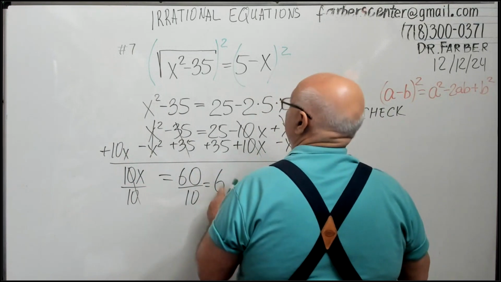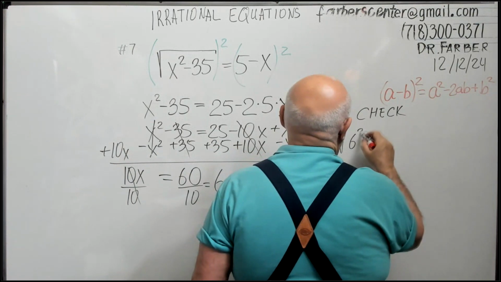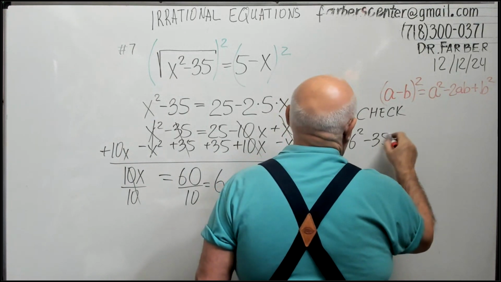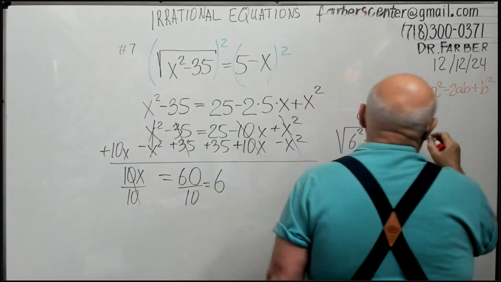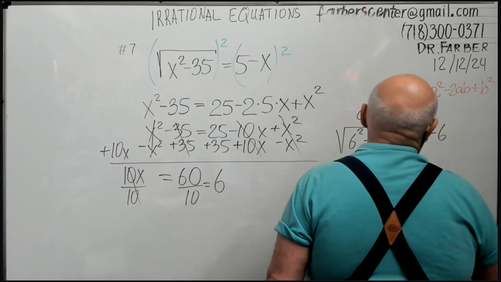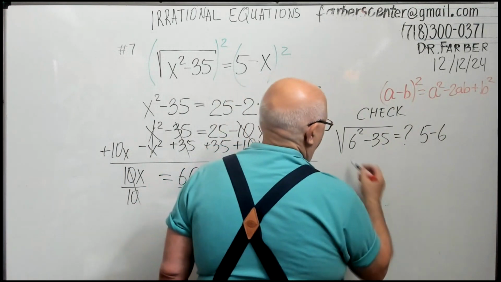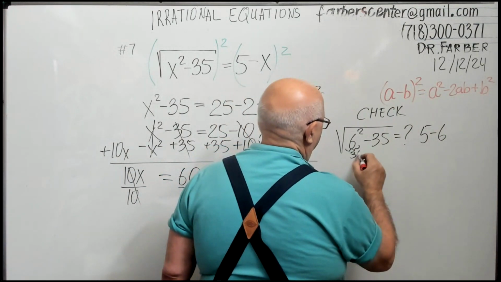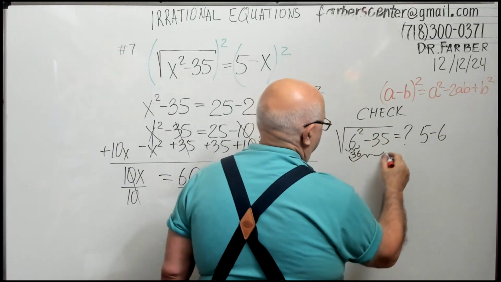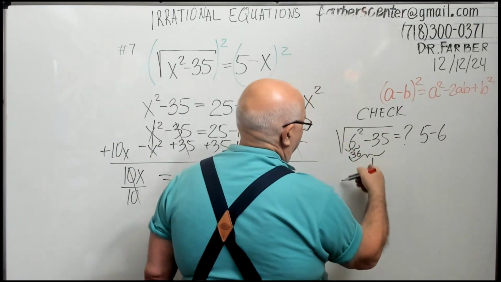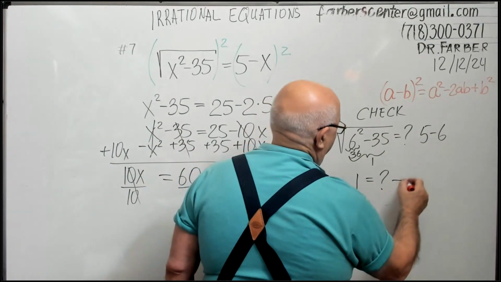How? Take 6 over there. Square root of 6 to the second minus 35. Is it equal to 5 minus 6? Now, 6 squared is 36. 36 minus 35 is 1. Square root of 1 is 1. Is it equal to negative 1?